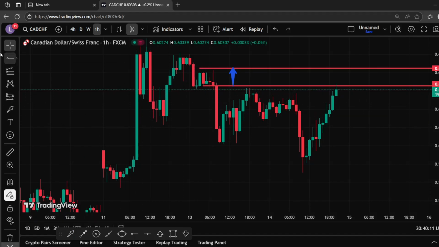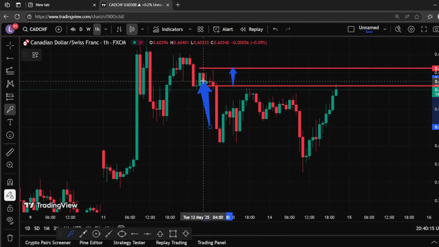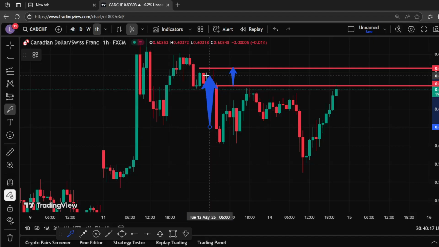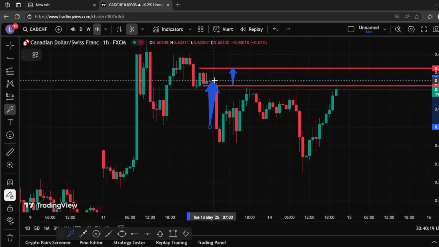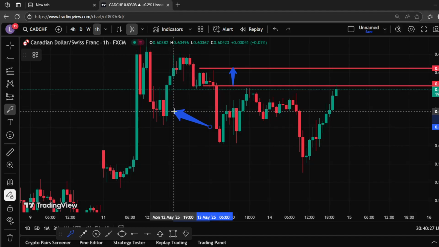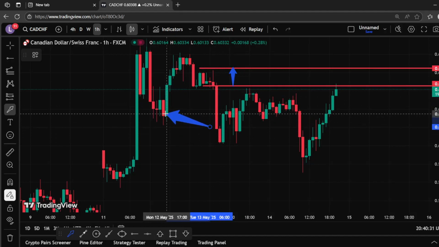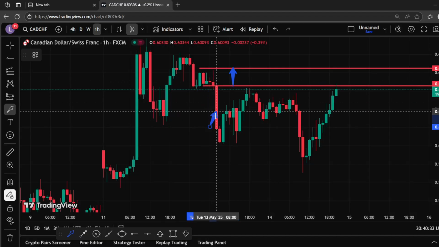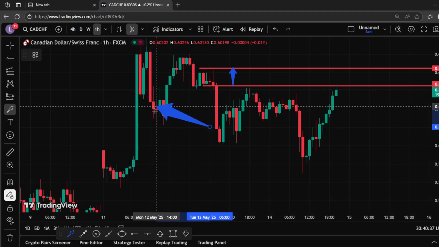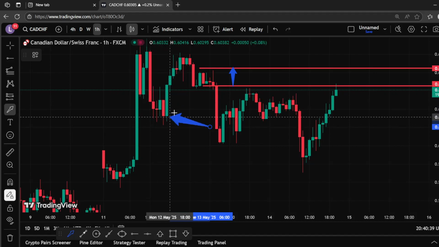The second criteria is, did this supply zone take out any opposing zone to my left? So did it remove any demand zones to my left? The answer is yes. This was a demand zone here that this drop down removed. Okay, so when we dropped, it caused this demand zone to be removed.